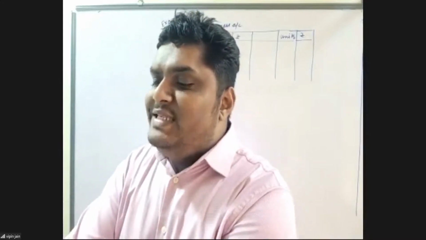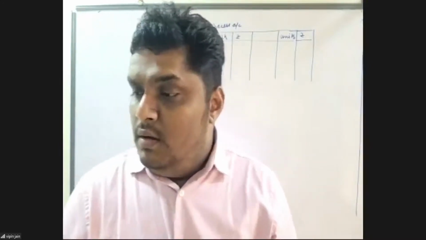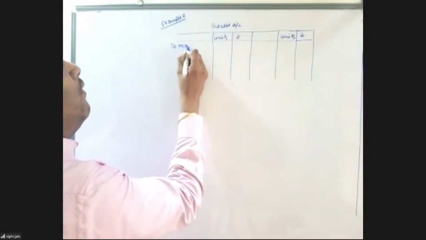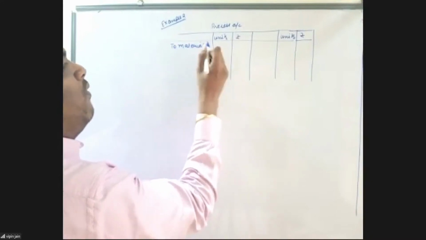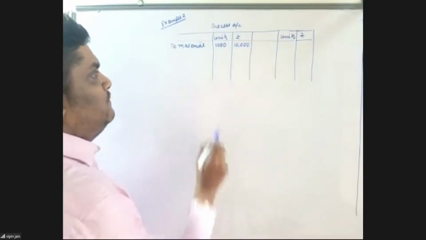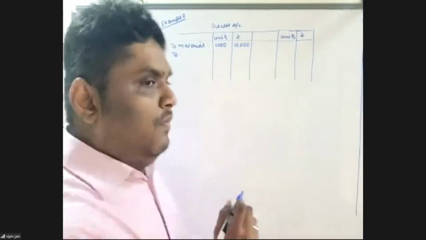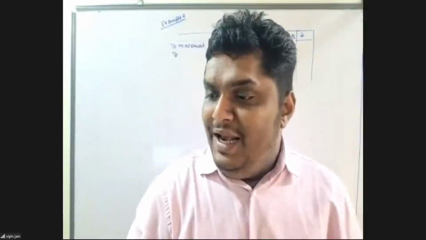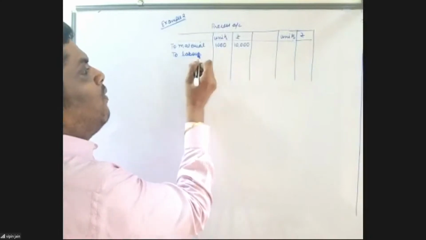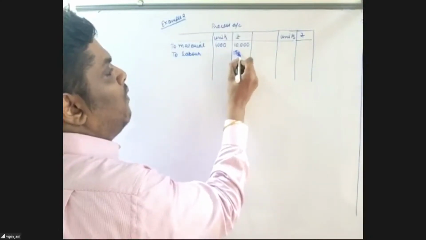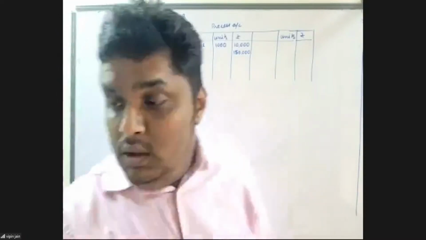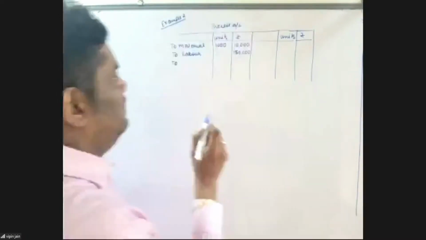Arunima, hopefully your query is resolved. So to material, 1,000 units and 1 lakh is the total cost. To labor, 1,50,000. To other expenses, 50,000.